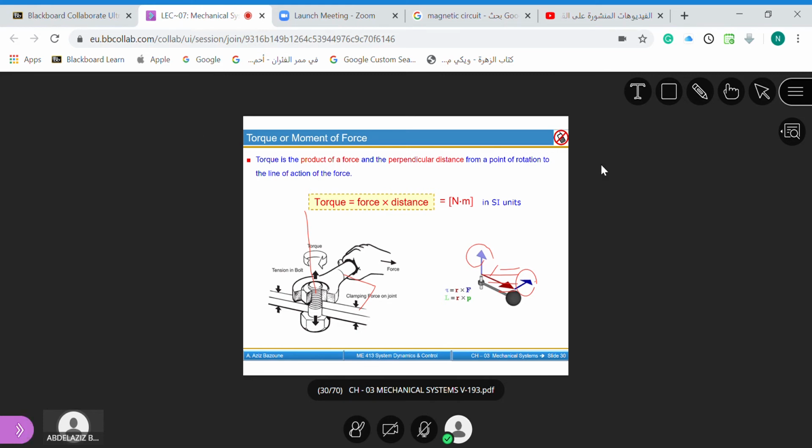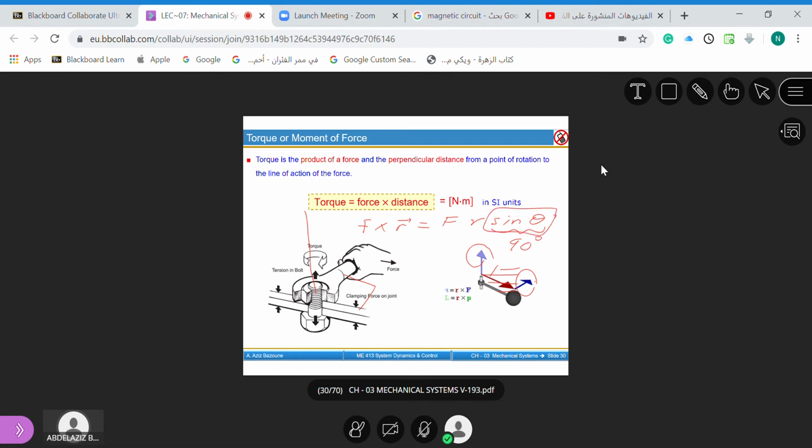In vectorial notation, torque is equal to force cross arm, F cross R, which is F R sine theta. And sine theta should be at maximum 90 degrees, perpendicular.